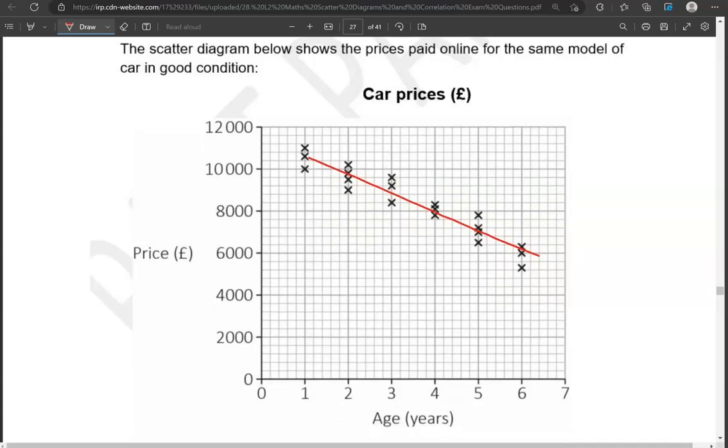So the car is 3 years old. That is nearly £9,000, 8,800, because each of these small squares represents 400.